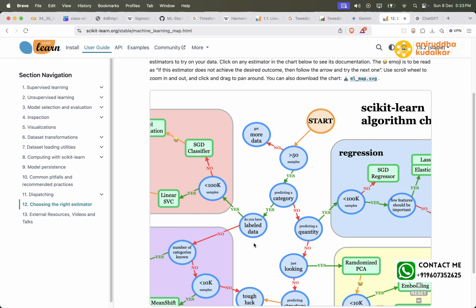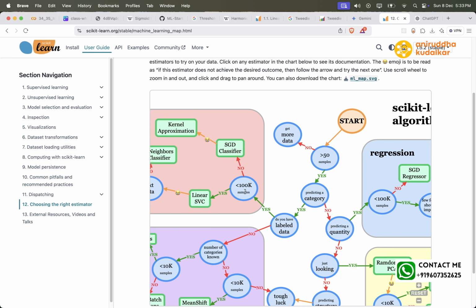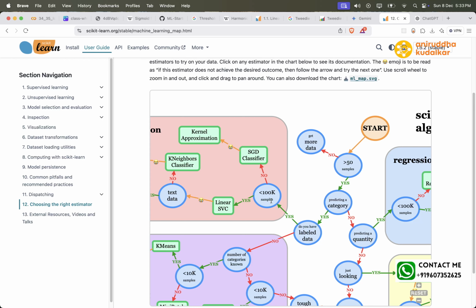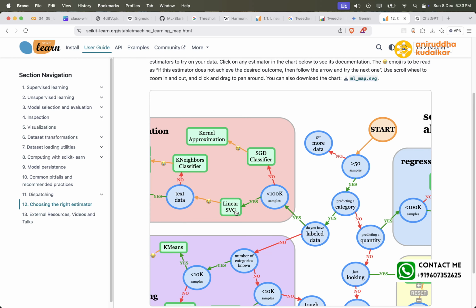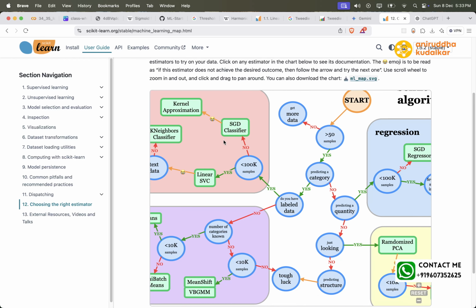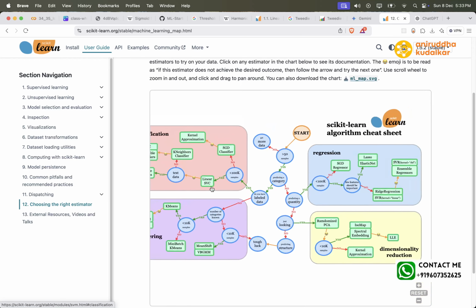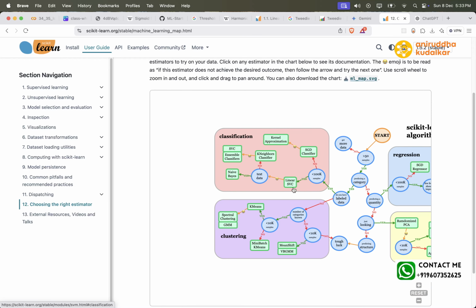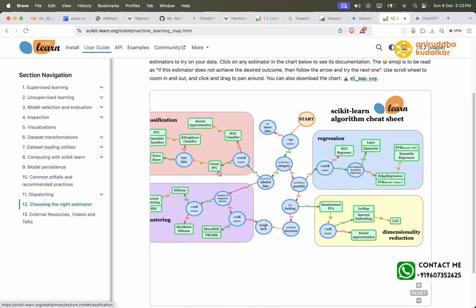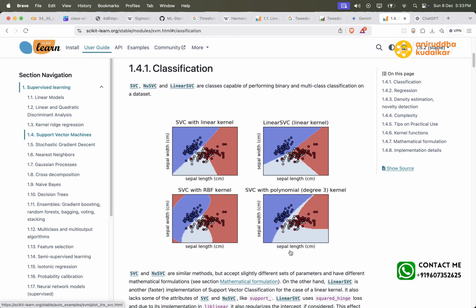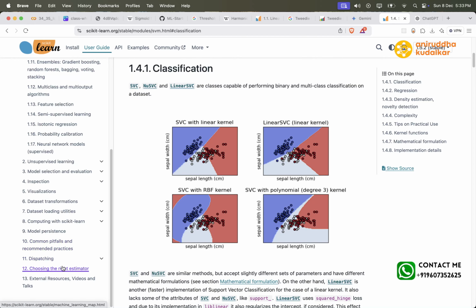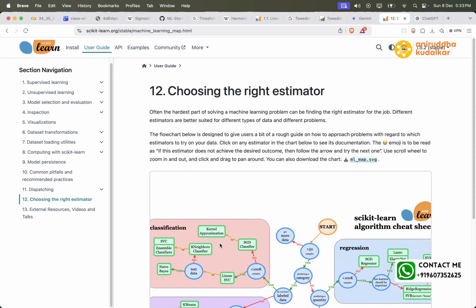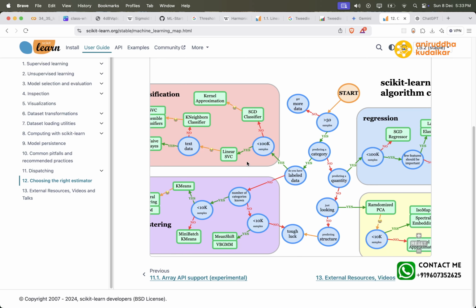If you have labeled data, then how many samples do you have? Less than 100K, then linear SVC or stochastic gradient descent, SGD. Can you see they have given the cheat sheet, choosing the right estimator. Everyone gets the same question. So they have given the path. But still you need the judgment. But still you need what? Judgment.